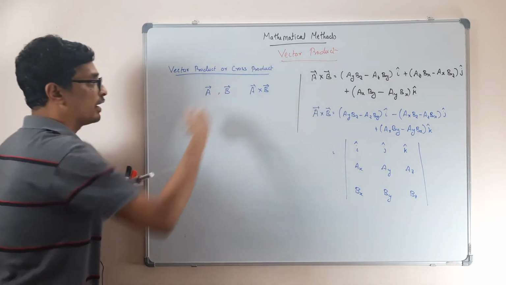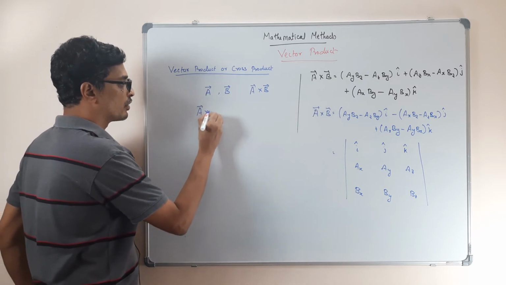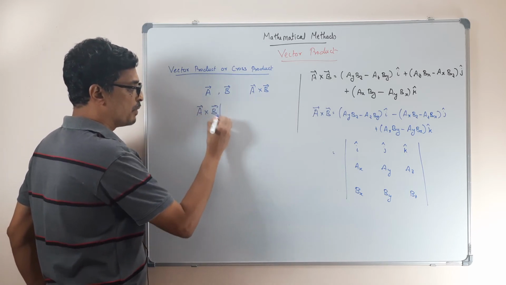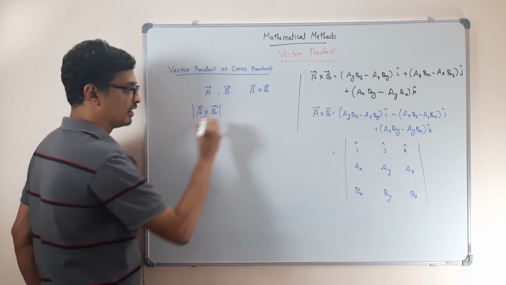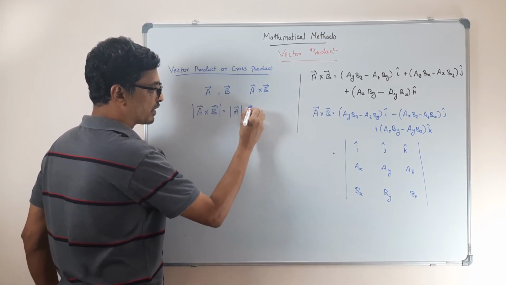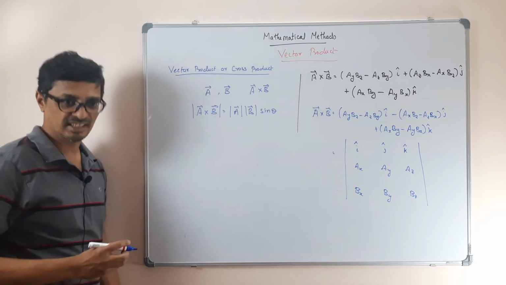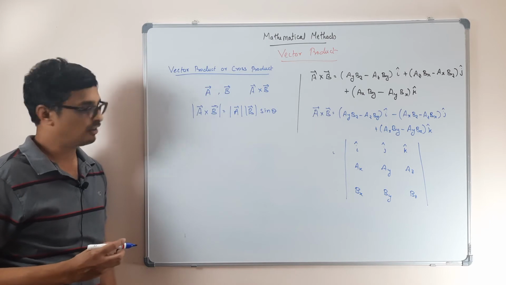We have A vector cross B vector, and the magnitude of this vector is nothing but the magnitude of A, magnitude of B, into sine theta. Correct? That's what we did.